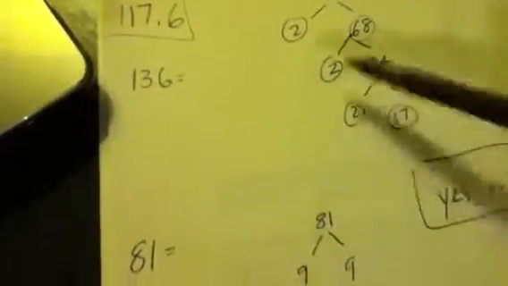I prime factorized 136, and I also did 81 just to check and see if they have any factors in common. I don't know if you remember how to do this from back when you were a little kid. I like to always keep dividing by 2 until I can't divide by 2 anymore. And then I ended up with 2 times 2 times 2 times 17. Those are all the prime factors of 136. This one just has all 3's, so I have to say yes, they are relatively prime.